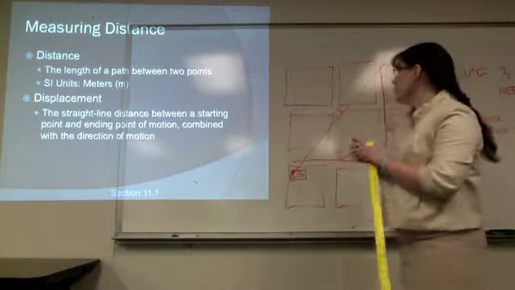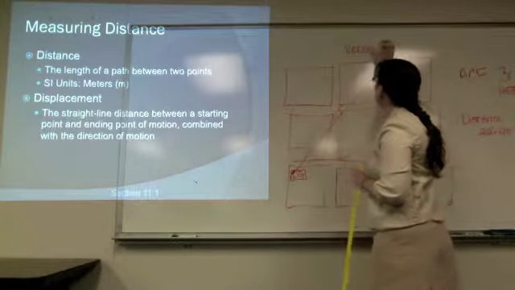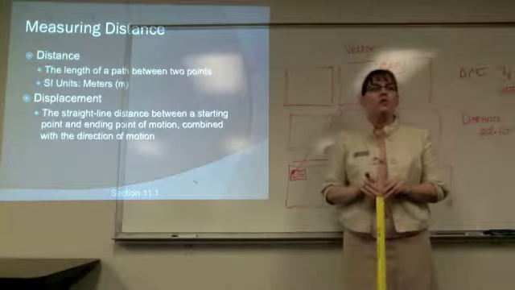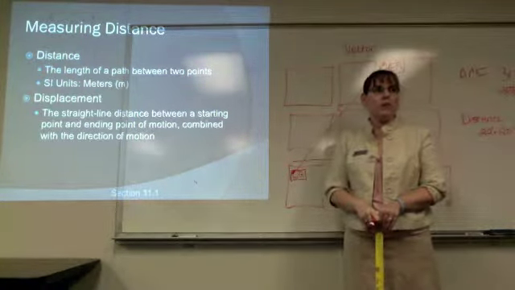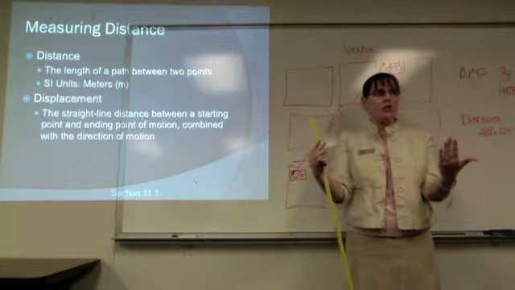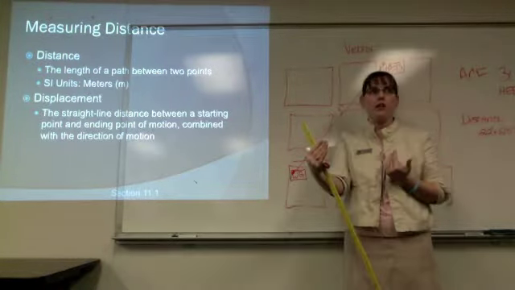So a vector is a value in science that combines both distance and direction, or speed and direction, something with some measurement with direction, okay?